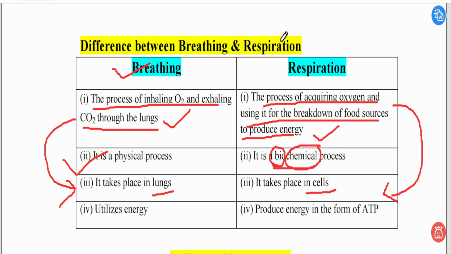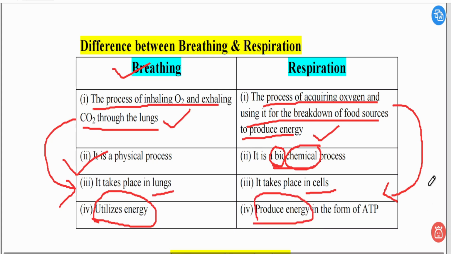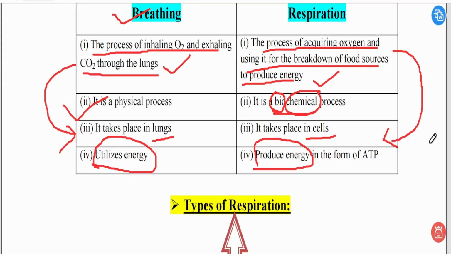Now see, during the breathing process, we use energy. Every organism uses energy. But in case of respiration, we produce energy. Now let's move to the next topic.